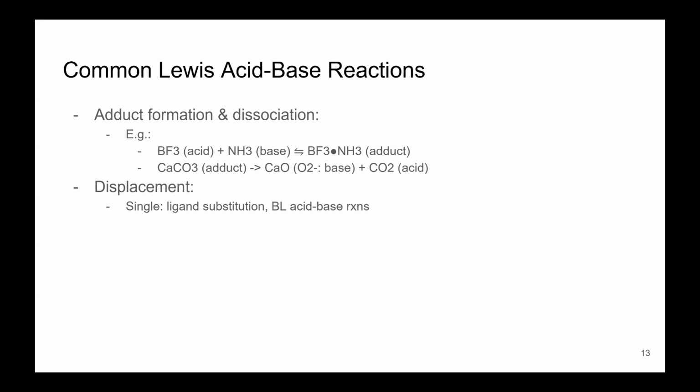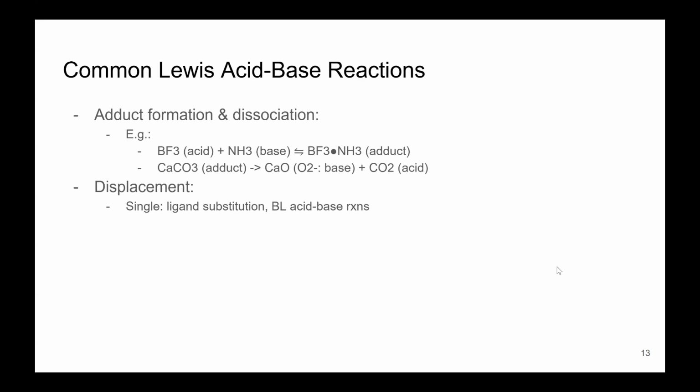So for example, for ligand substitution, copper's aqua ion, so copper's ion with water, the water ligands can actually be displaced by chloride ligands when you have an excess of chloride present in your solution, and then you form your CuCl4 2 minus, and that's your ligand substitution reaction.